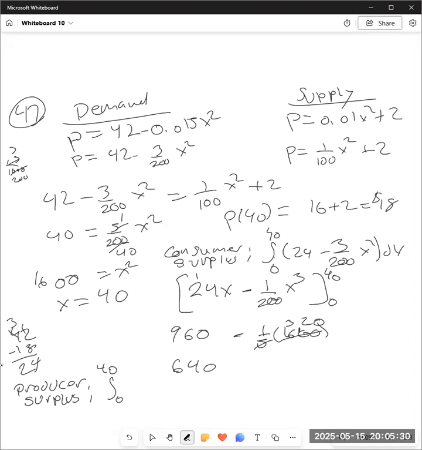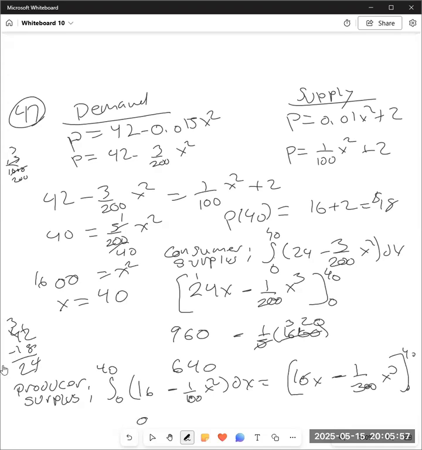So price was 18. 18 minus 2 is 16, minus 1/100 x squared, dx, which is 16x minus 1/300 x cubed from 0 to 40.